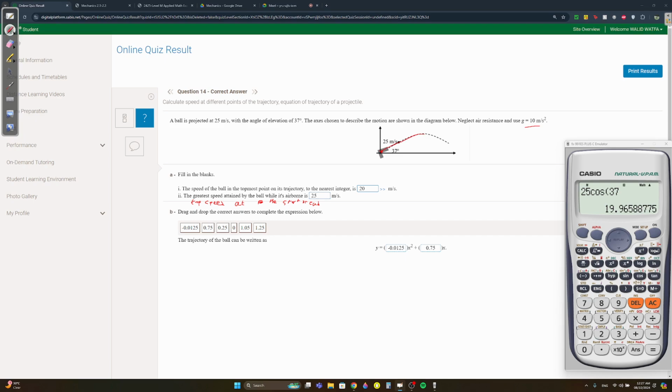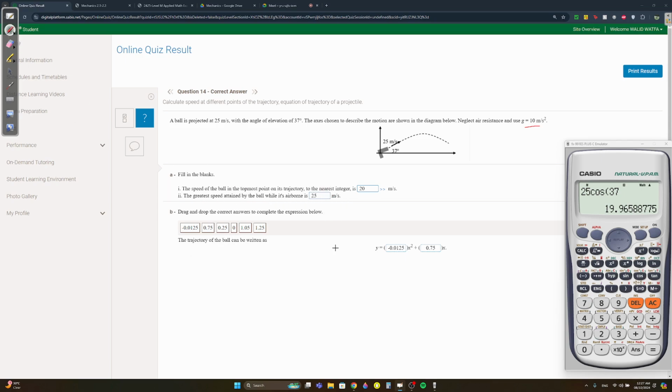Then you reach the top, then you start falling down and you reach the same speed you started with. So here it's decreasing, then here it increases until you reach the same speed you started with. The 25 you started with decreased maybe up until 20 at the top, and then on the way back down it starts increasing again. So always the top speed is the final speed or the initial speed you have. Okay, and we started with 25, so it's just 25, very easy.